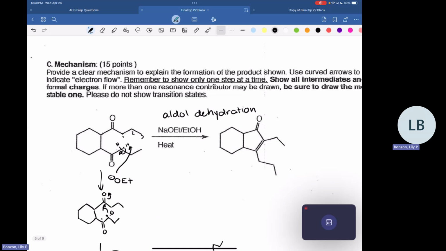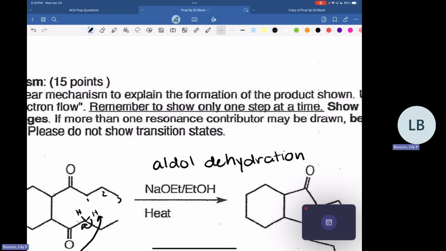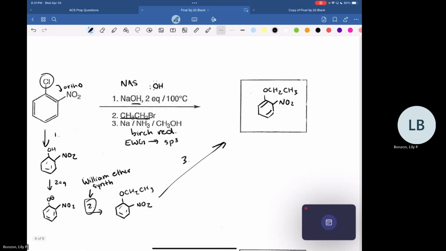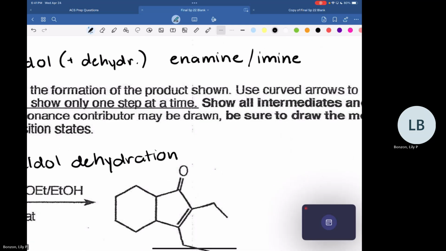There's honestly a lot of options that she could do. So you could do aldol, or just aldol and dehydration. Yeah, she could do the enamine and the imine. Do you think Michael?